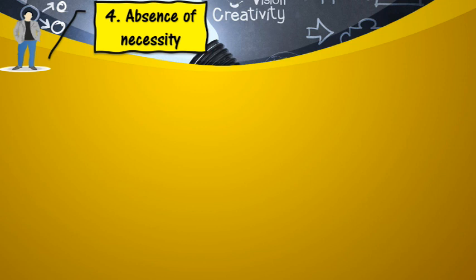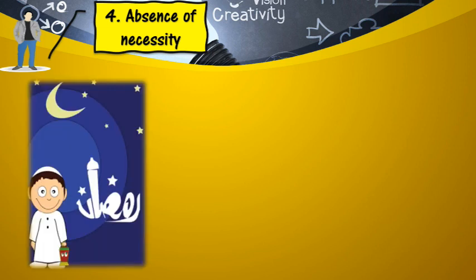Function number 4 and the last function today is absence of necessity. This refers to a situation when something is not necessary to do, or when we are not obliged to do something. An example is to fast in Ramadan. To fast in Ramadan means you don't eat or drink during the day in Ramadan.